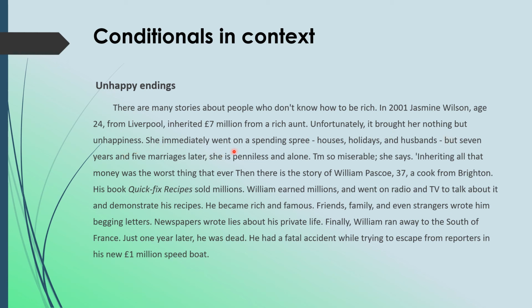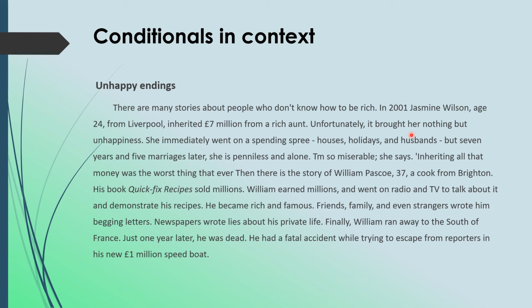She immediately went on a spending spree: houses, holidays, and husbands. But 7 years and 5 months later, she is penniless and alone. So you might think that lots of money makes you happy, but this might not. That did not happen for Wilson, at least.